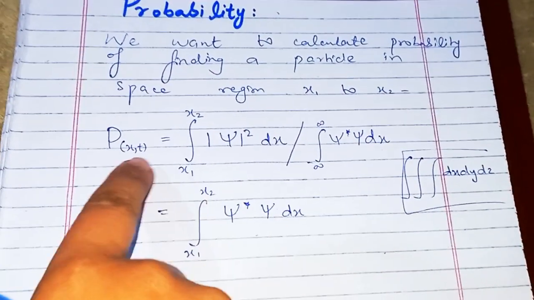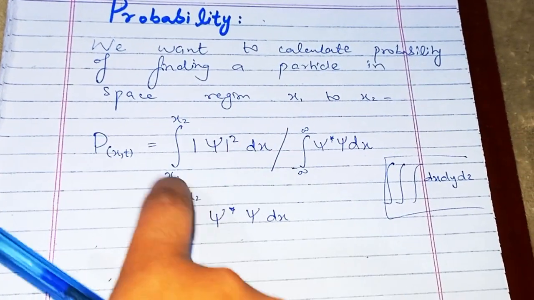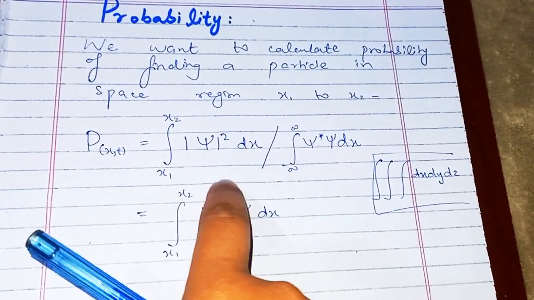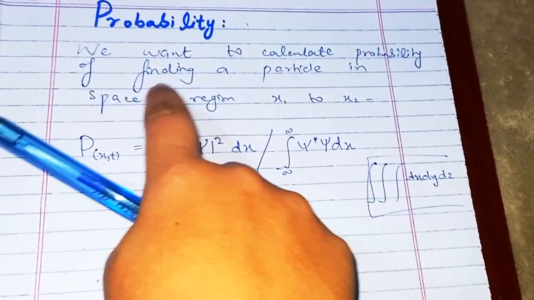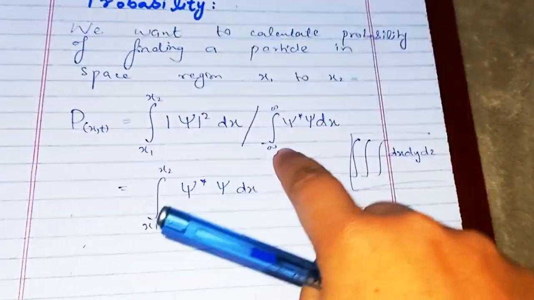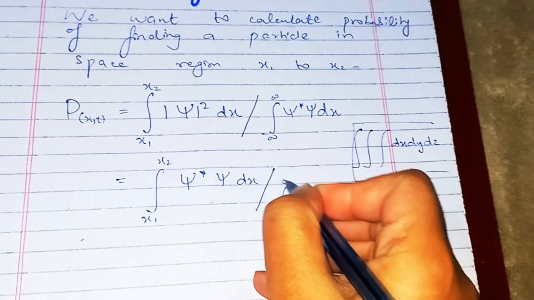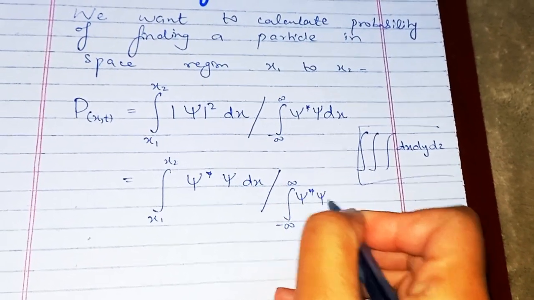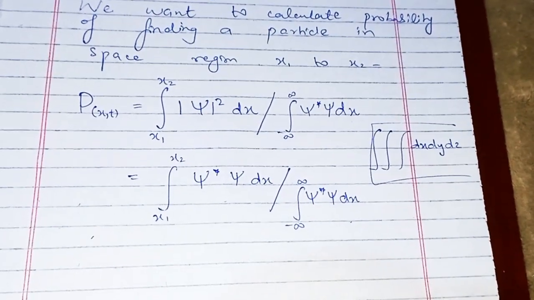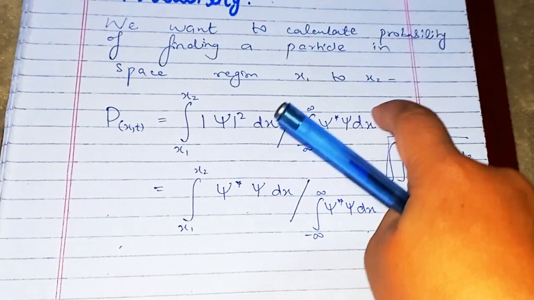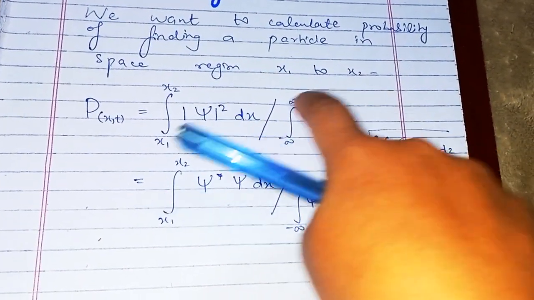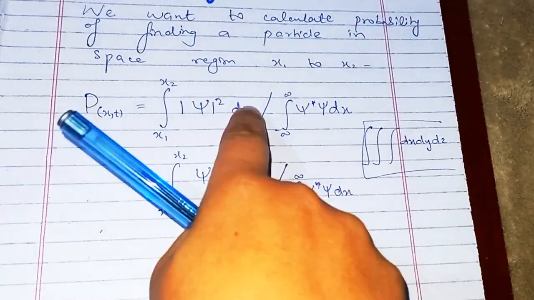And in the numerator we'll have that specific integral that involves the limits that are given in the question. Okay, so we'll have this integral in the denominator always when we don't know whether the wave function under study is normalized or not. If the wave function is normalized, then this whole integral is equal to 1, and we are left with this thing.